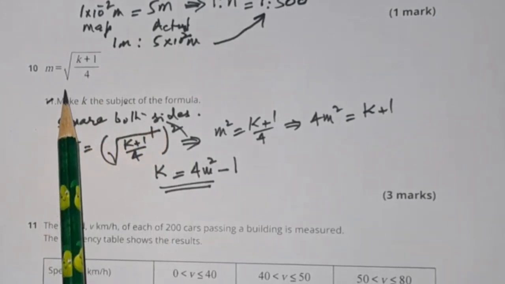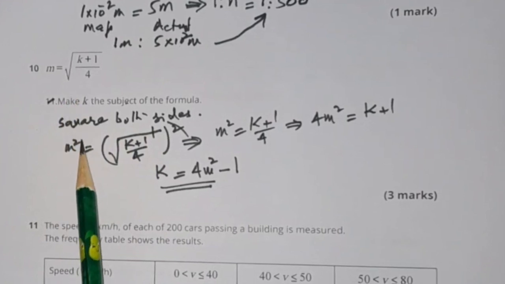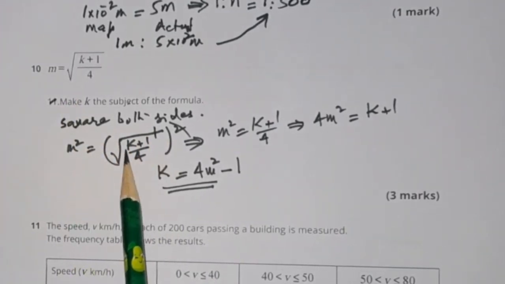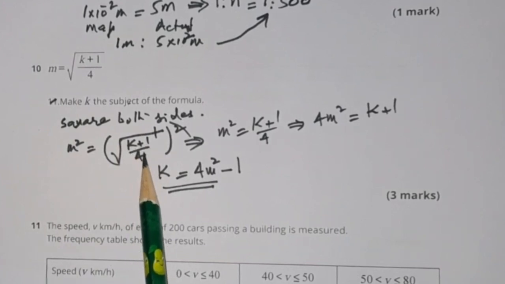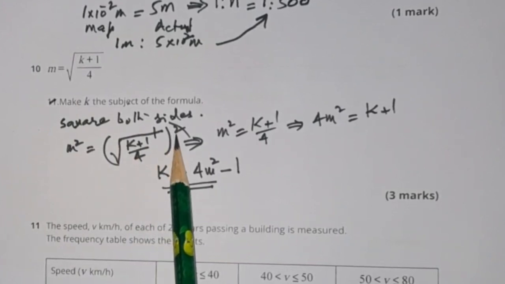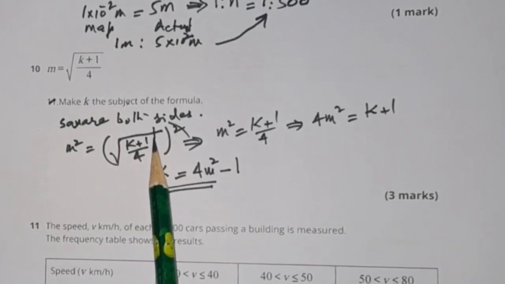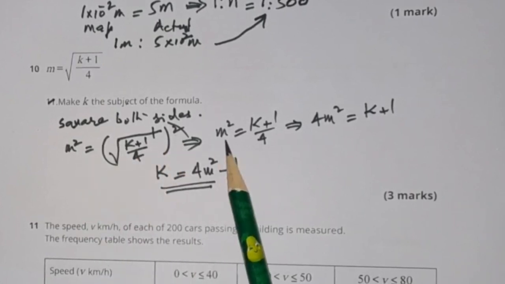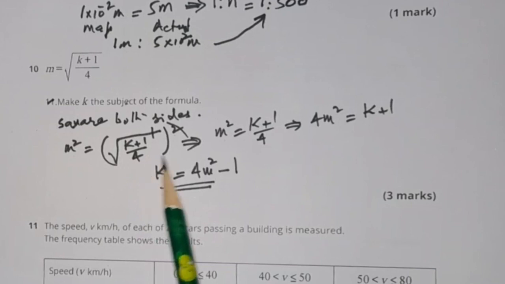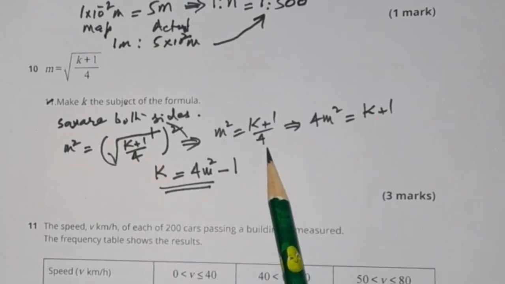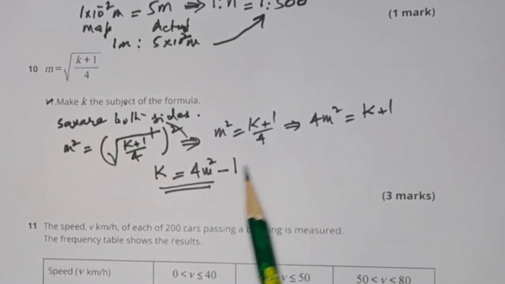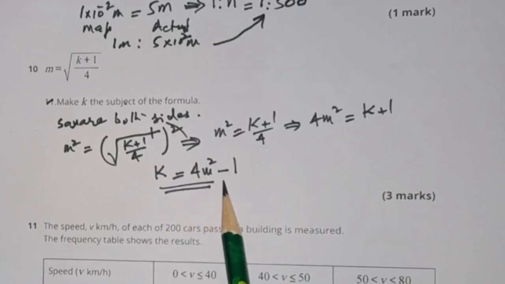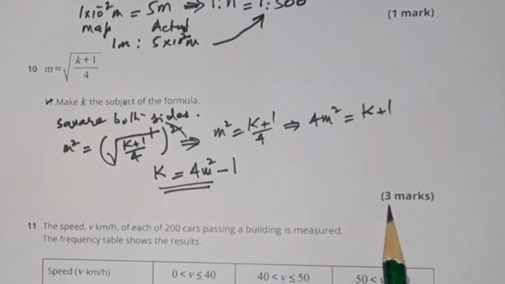So in order to get rid of the square root, we square both sides. m squared is equal to bracket root k plus 1 over 4 whole squared, and the root gets cancelled, and we are left with m squared is equal to k plus 1 over 4, and ultimately we come out to an answer where k is equal to 4m squared minus 1, and our 3 marks are secured.